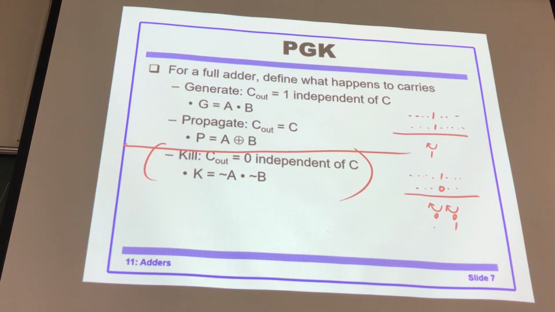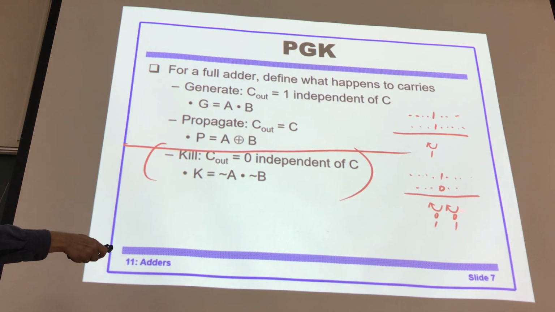If carry in is 1, you get carry out 1. That's true? At this bit position, one input is 0 and one is 1. There's only one 1. Then with carry in value 0, you get carry out 0. Carry in 1, you get carry out 1. So we call that carry propagate. We just propagate the carry in to carry out. Alright?